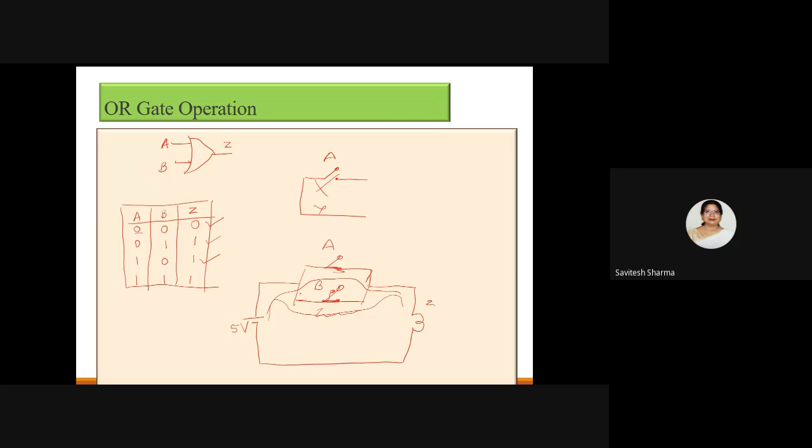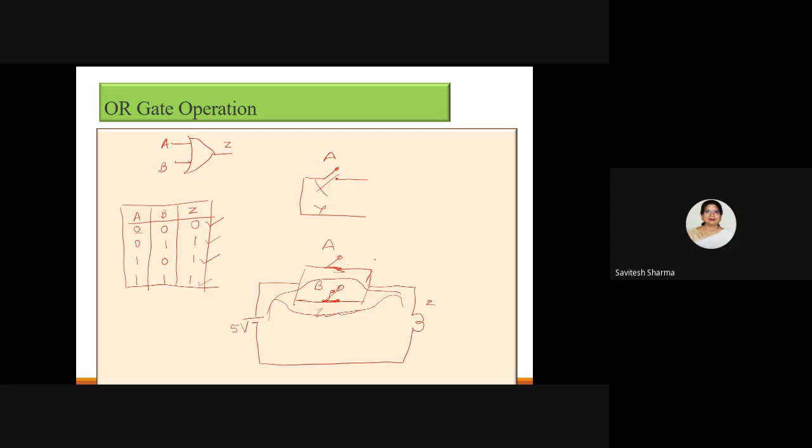Assume your switches are ideal, and whatever the switch condition, the battery voltage is connected across the bulb. So if both switches are closed, again it is a closed loop, your 5 volt will be applied across Z and your bulb will glow.